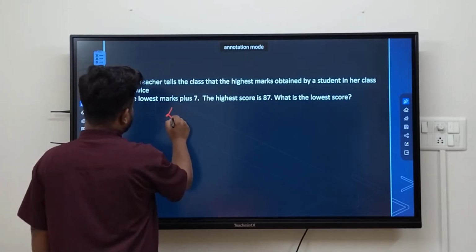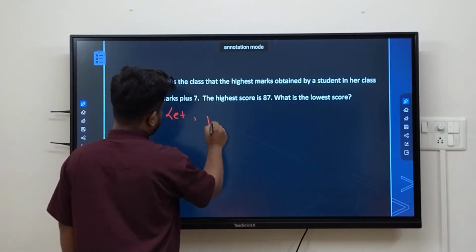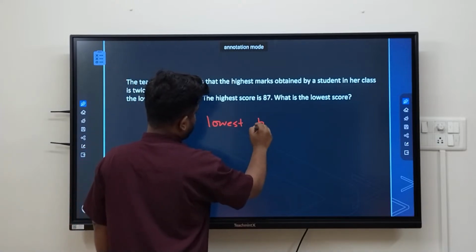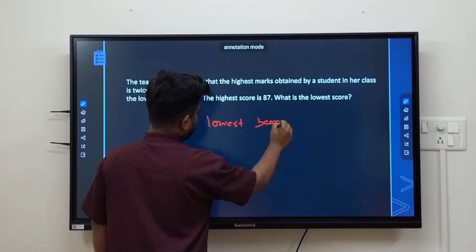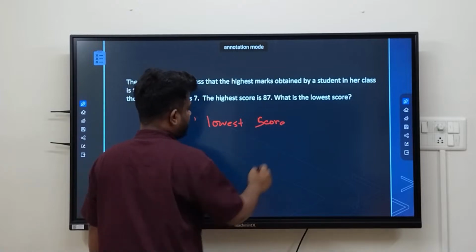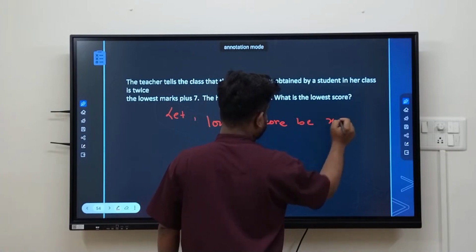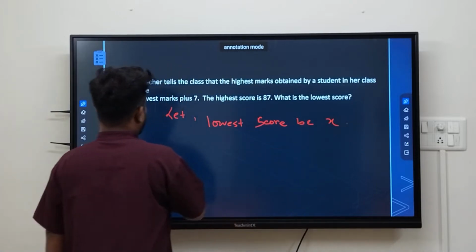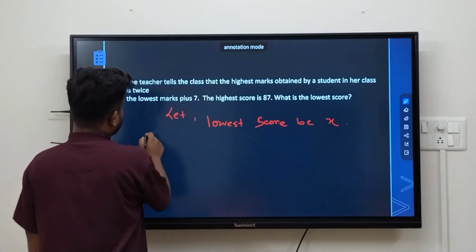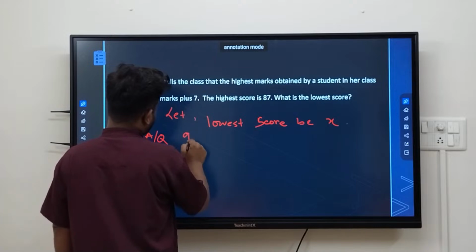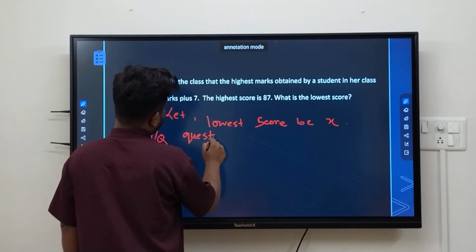Okay, so let the lowest score be x. Okay, and what they have told, you can just write like this according to the question.